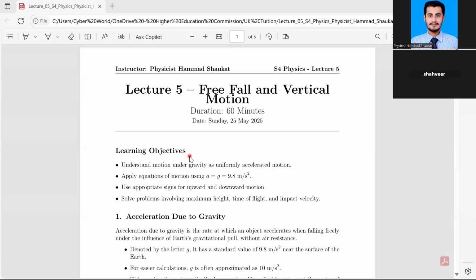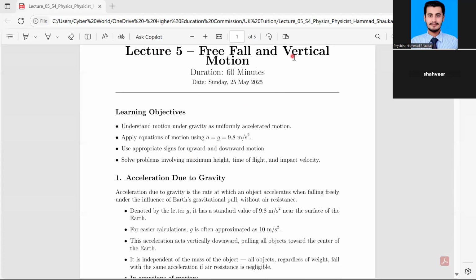How many equations of motion are there? Three. Yes, three. We will use those equations again in today's lecture, because this lecture relates to the previous one. This lecture is about bodies under the action of free fall, and we will also discuss vertical motion.